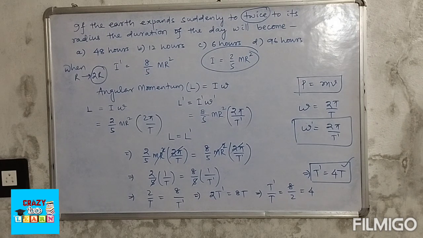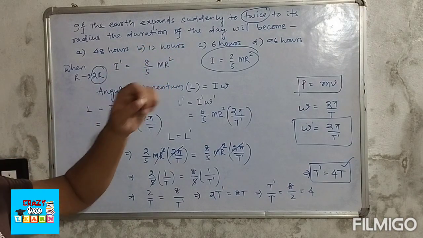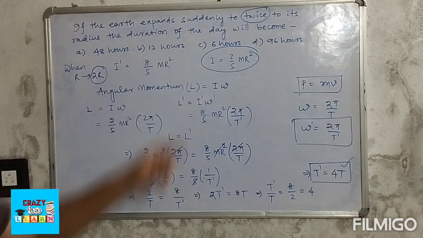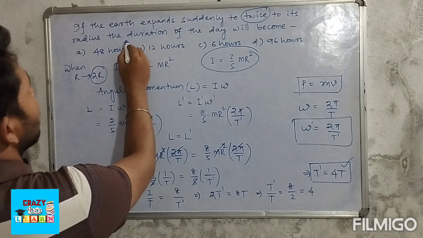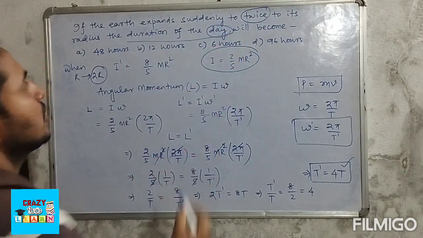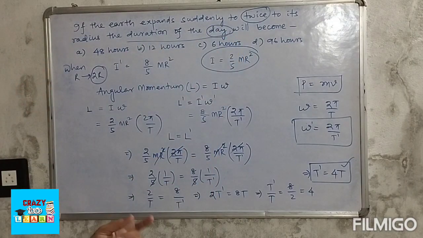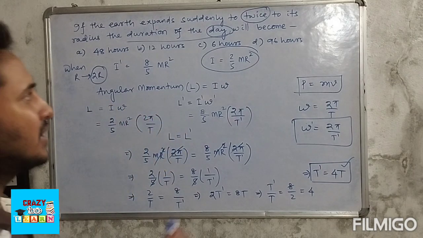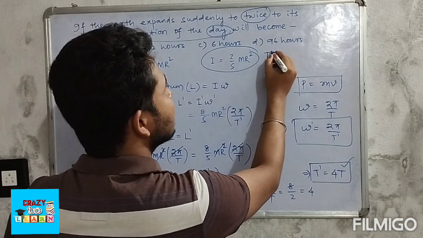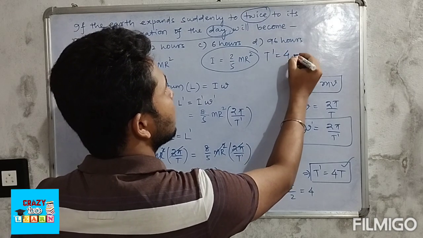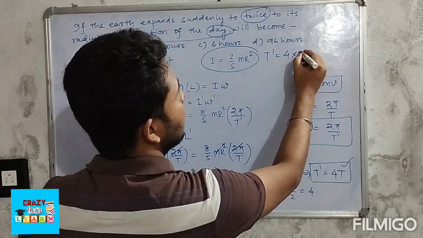And what is the time period for the rotation? It is asked to you, the duration of the day. So what is the time period for the day? We know that for one day the time period is 24 hours. So the new time period t dash is equal to 4 times the previous one.